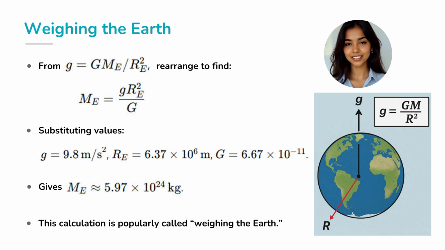And G equals 6.67 times 10 to the power minus 11. Crunch the math, and boom, m e equals about 5.97 times 10 to the power 24 kilograms. So the next time someone asks you Earth's weight, don't say it's heavy, say it's 5.97 followed by 24 zeros kilograms.